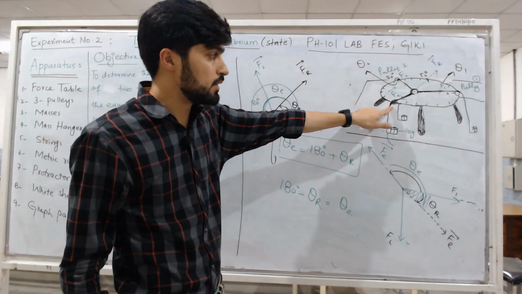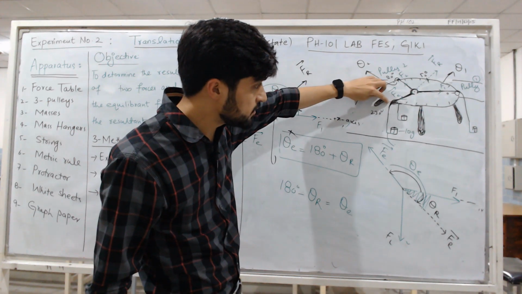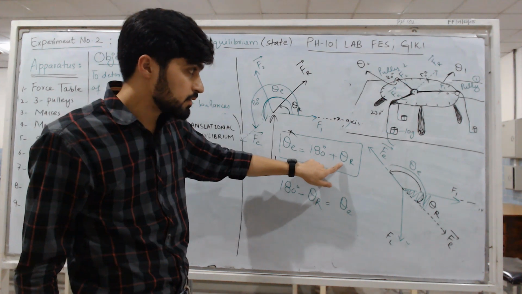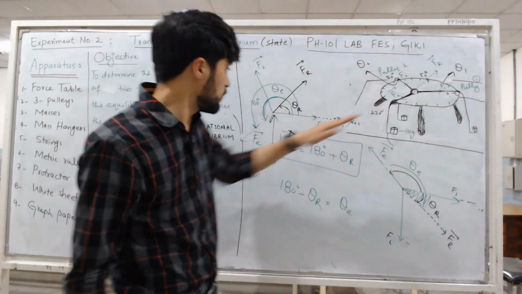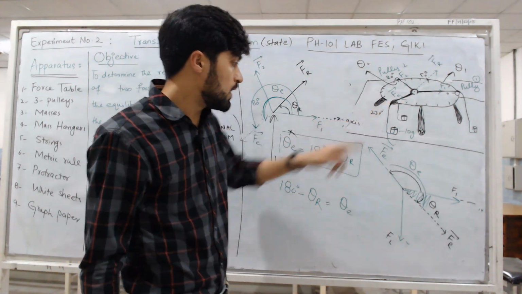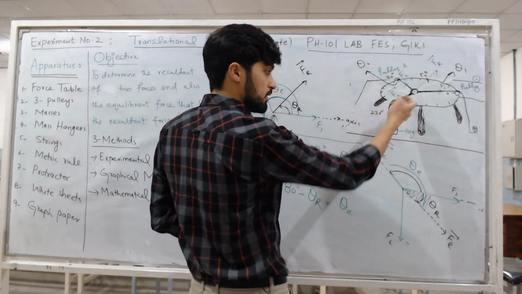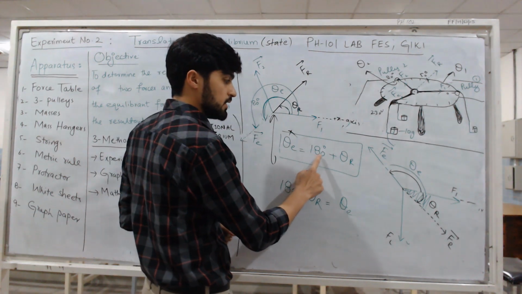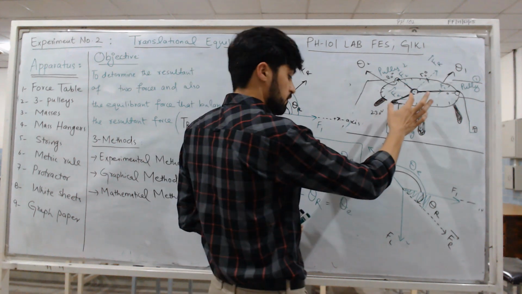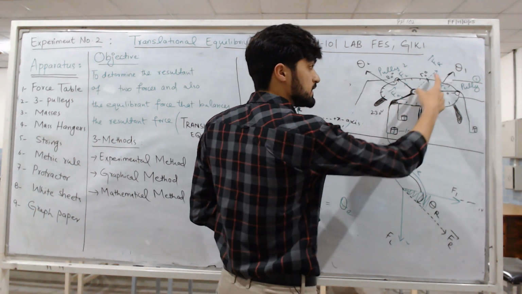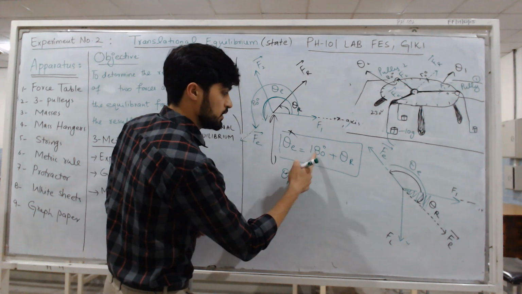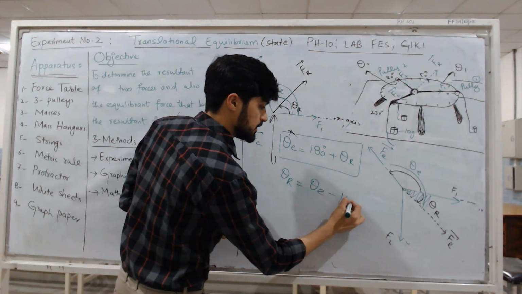Experimentally, you can easily find theta E from this force table. Let's say this is at the 230 degrees mark. So this is your theta E. Because the equilibrium force is in the third quadrant, I will be using this equation: theta E is 180 degrees plus theta R. So theta R is equal to theta E minus 180 degrees.